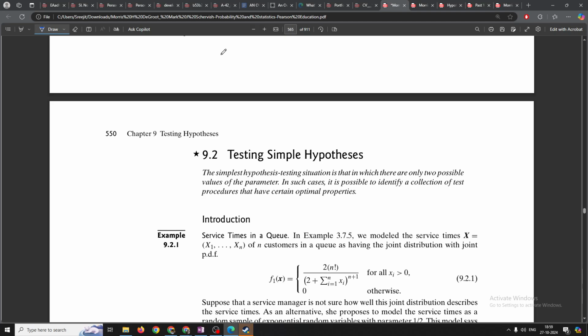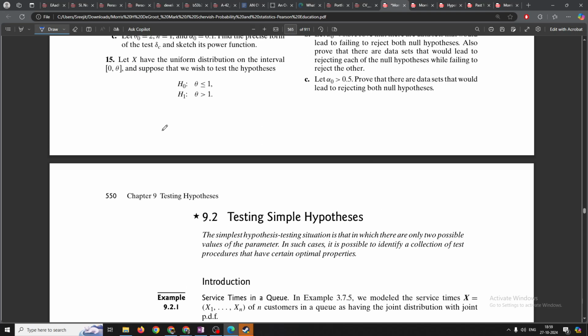This entire chapter says that you cannot minimize both of them simultaneously. It basically gives us two results.